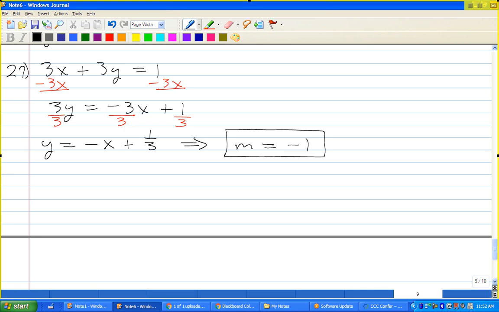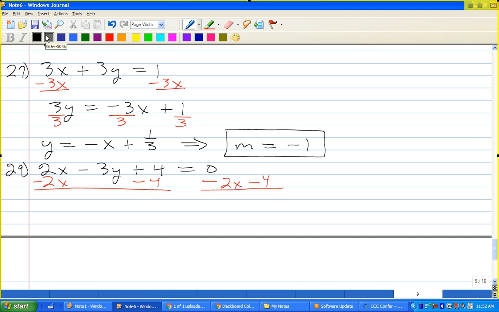Problem 29. 2x minus 3y plus 4 equals 0. Subtract 2x and 4 from both sides of your equation.